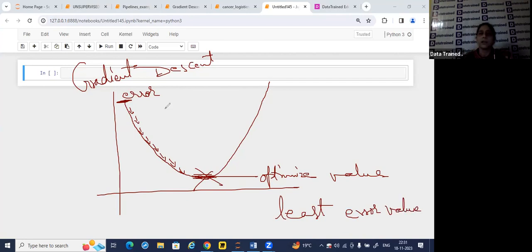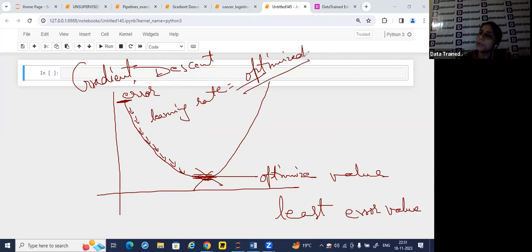Means here, if the errors are high, it will try to reduce to the least error value by taking optimized steps. So it will internally tune the learning rate parameter with different values, so that it can reduce the error.